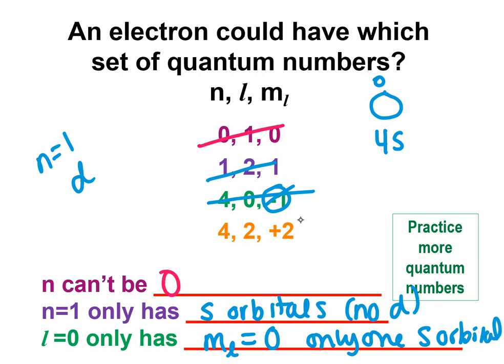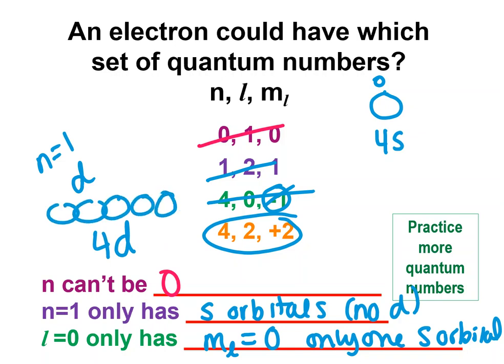Anyway, that's how you figure out this one is possible. This would be the 4th energy level. 2 is d orbital, and it's +2. And we know that that's possible because if we number this, we see that it would be here.